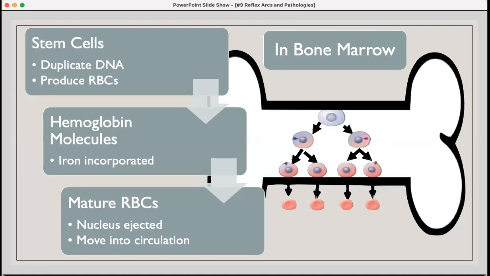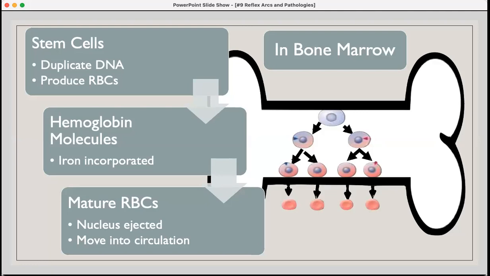So, showing you the pathophysiology of all of this. In the bone marrow is where all the blood cells are being grown, developed, replicated, starting with these single stem cells. And within them, their DNA is replicating and they're producing red blood cells.